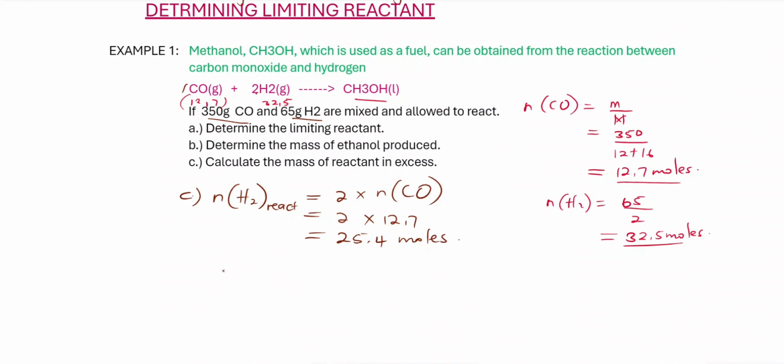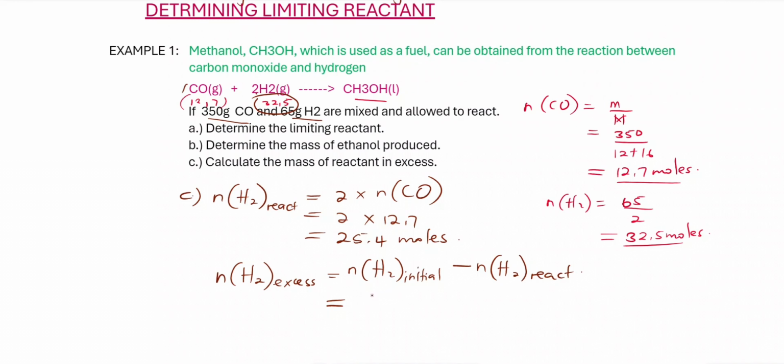We now want to calculate the number of moles in excess of hydrogen. This will be equal to the initial number of moles of hydrogen that we calculated to be 32,5 minus the number of moles of hydrogen that reacted. So this number of moles of hydrogen in excess, it's like leftovers. What is left after reacting? So it's the initial minus the reacted ones.